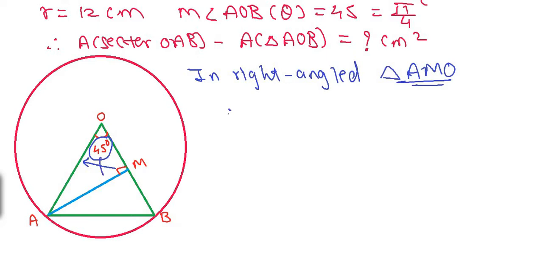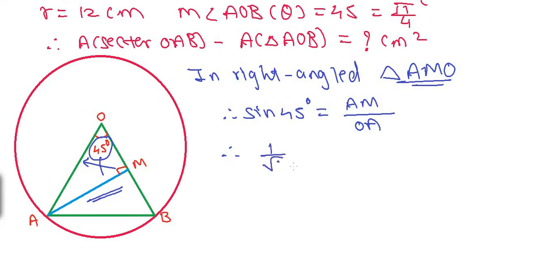Let us write sin 45 degree. Therefore sin of 45 degree is equal to opposite side. Side opposite to 45 degree is this AM. So sin 45 equal to AM divided by hypotenuse OA. Now we know sin 45 is equal to 1 upon root 2, that is equal to length AM, we want to find this length AM only, divided by length OA.